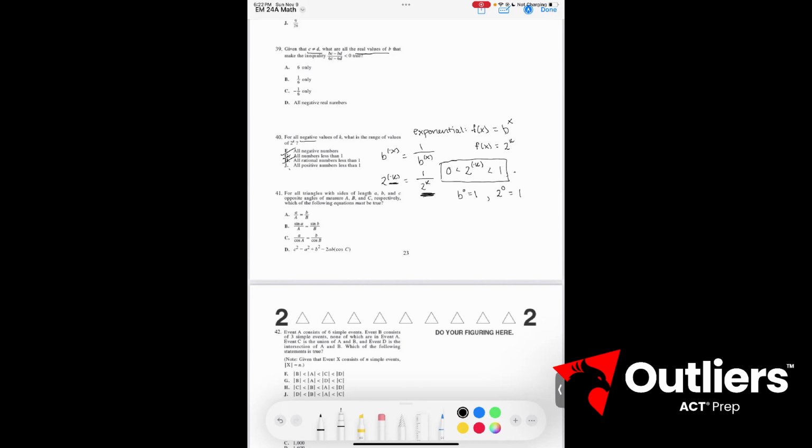So our only answer is j, all positive numbers less than 1. So 2 to the negative k, it can be a nice fraction like 0.5 or decimal, or it can be something crazy like 0.1287, whatever, repeating, going on forever. It is still some number between 0 and 1, so it's going to be a positive number.